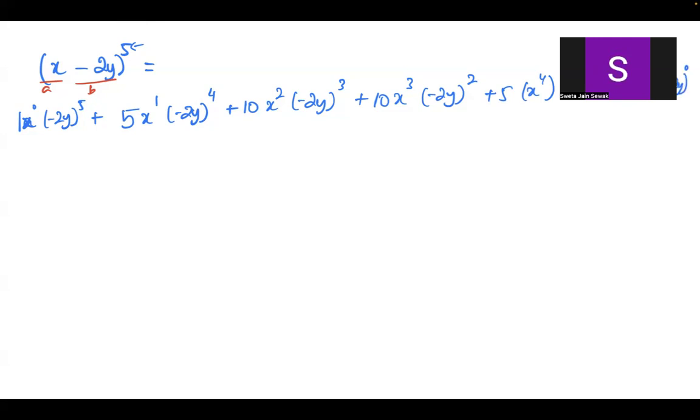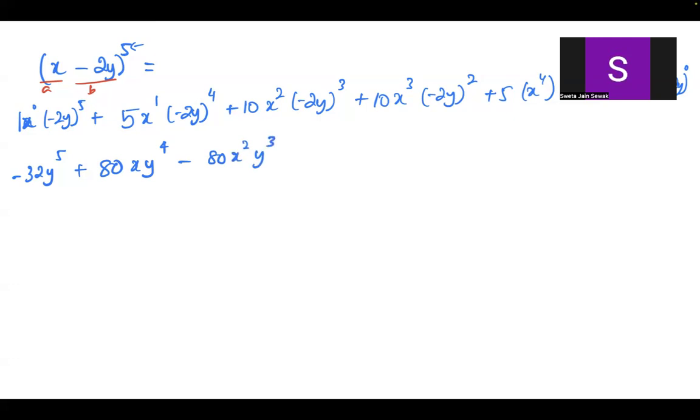So if we simplify, we'll get this as negative 32y to the power 5, plus, negative 2y to the power 4 is 16. So 16 times 5 is 80. 80xy to the power 4 minus 80x squared y cube.